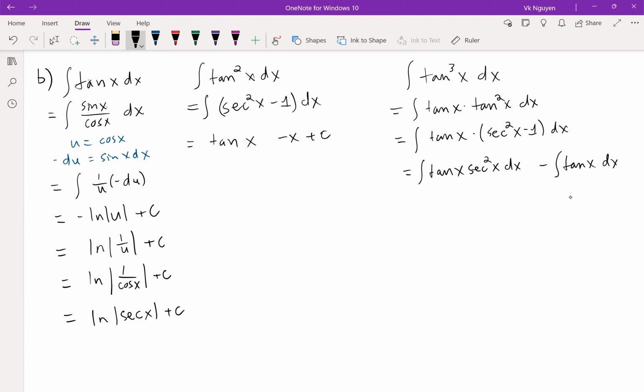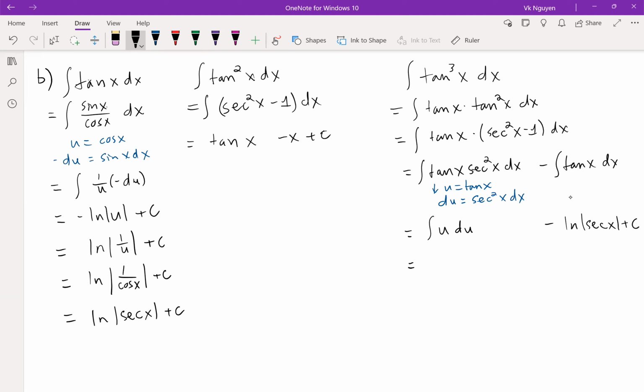For the integral of tangent x secant square x dx, we let u be tangent x and du is secant square x dx. Oh, how nice. So this would be the integral of u du minus, well, we know the integral of tangent x is ln absolute value of secant x plus c.